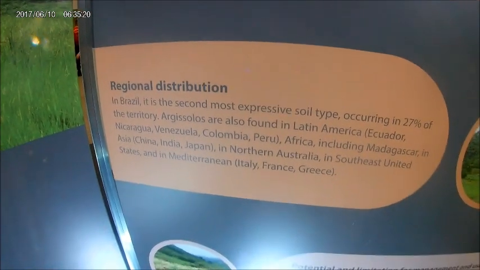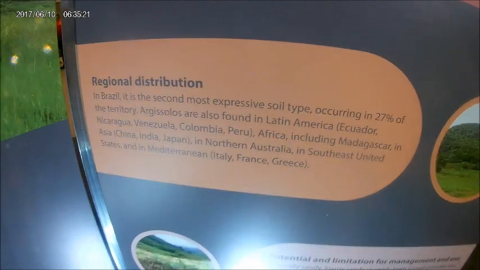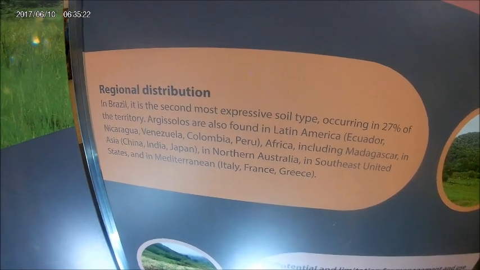And ultisols generally have more aluminum and exchangeable iron bound to the cation exchange sites and generally have a lower pH, like less than 6.